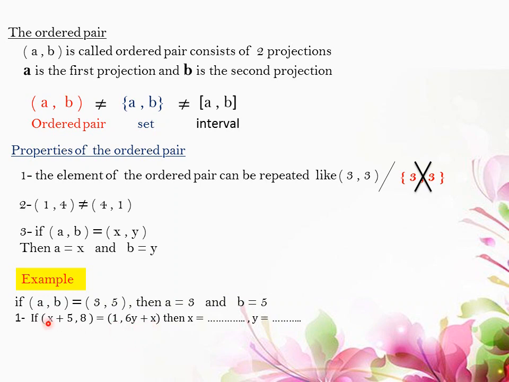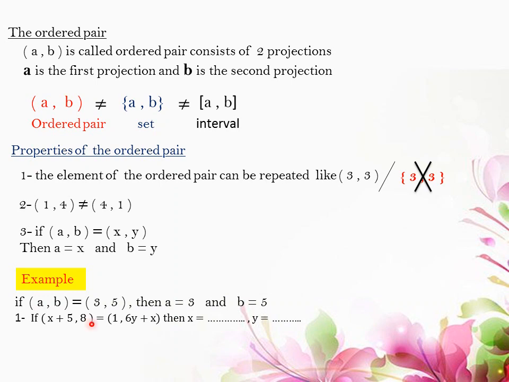So x + 5 equals 1. We convert it to an equation: x + 5 = 1, so x will be negative 4, since 1 minus 5 is negative 4.